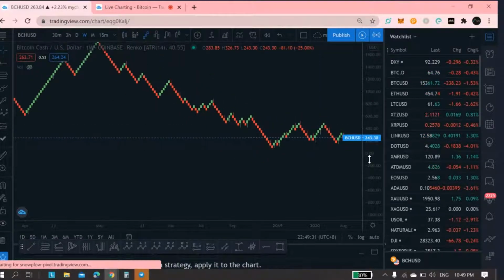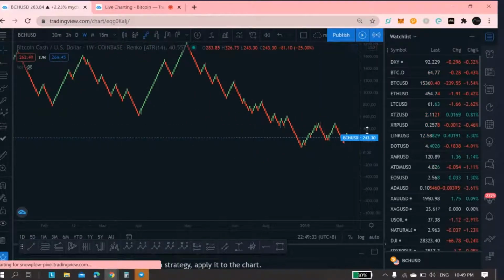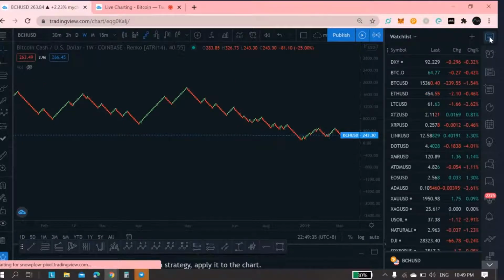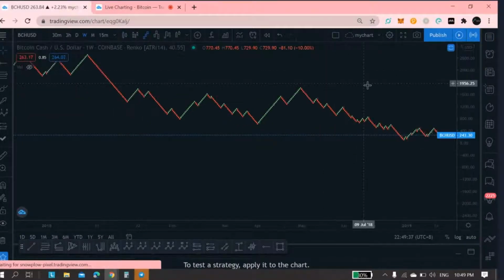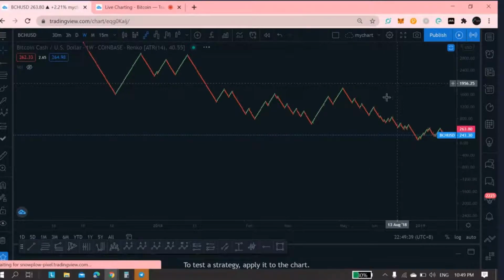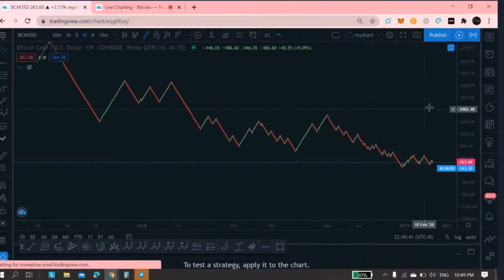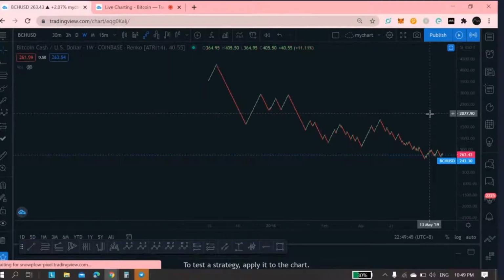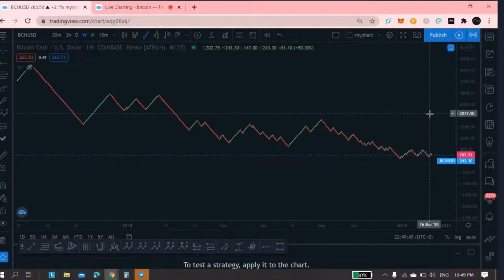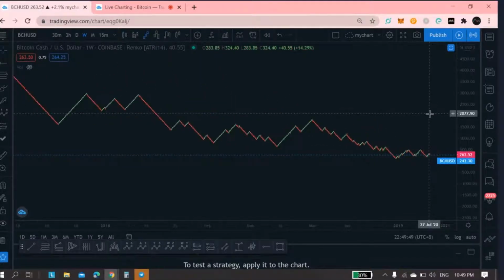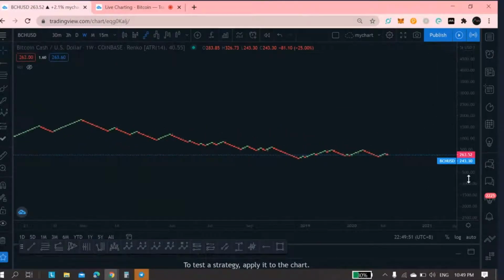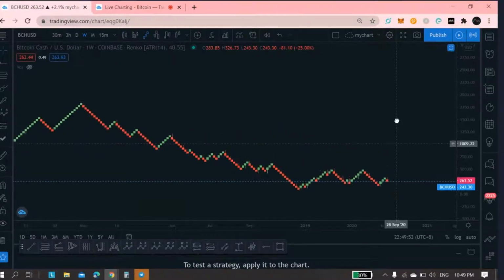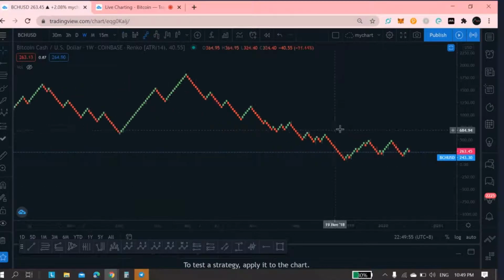Oh, really, this is the trend of Bitcoin Cash? Almost at low? Oh, that's the trend. OMG. So it's actually a long-term downtrend.